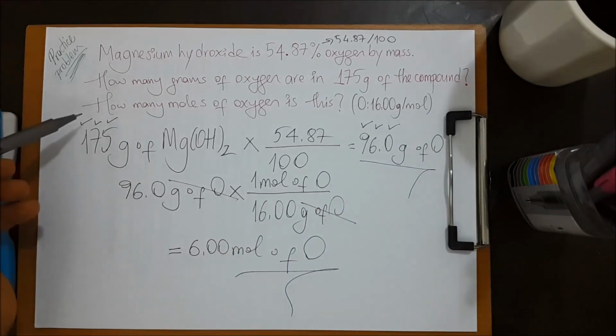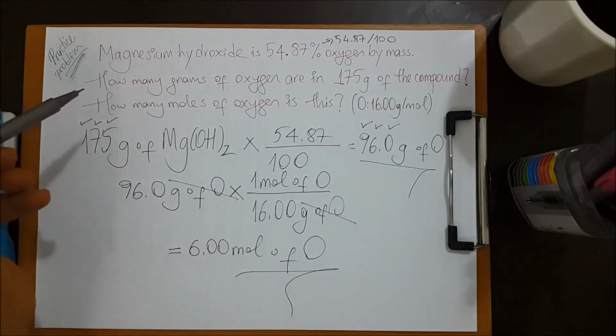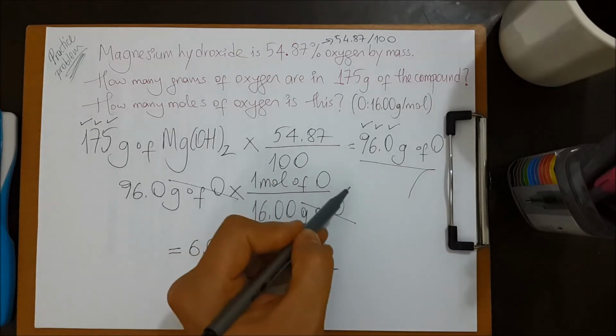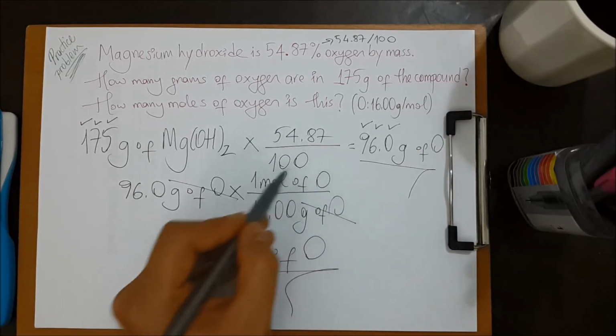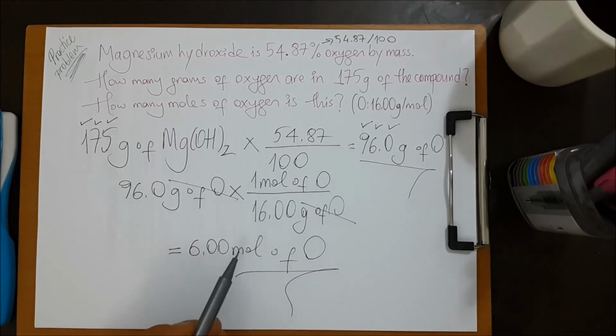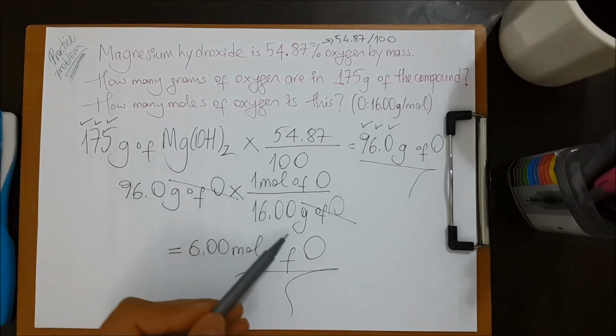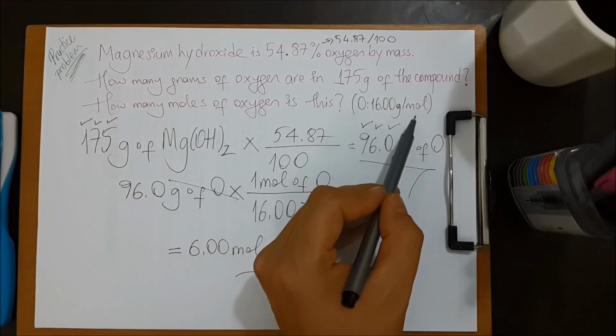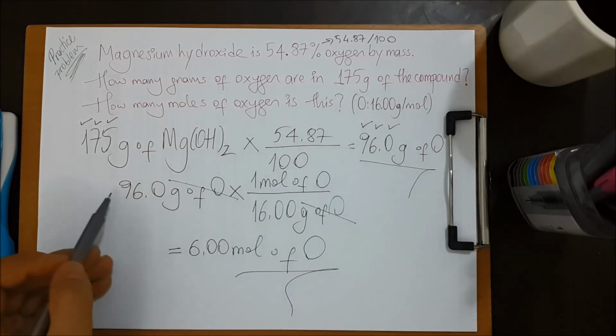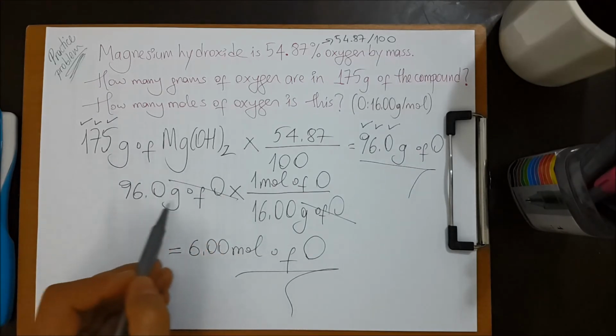In the second question it says, convert this gram into mole. I know 1 mole of oxygen makes 16.00 grams of oxygen. This is molar mass, or relationship between mole of oxygen and its mass. It must be given in the question, or you can find it in periodic table. So you have 96.0 grams of oxygen.